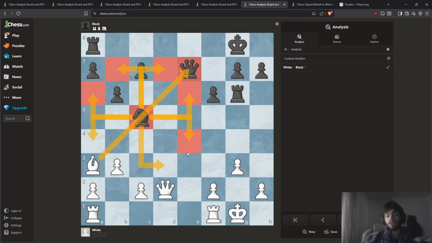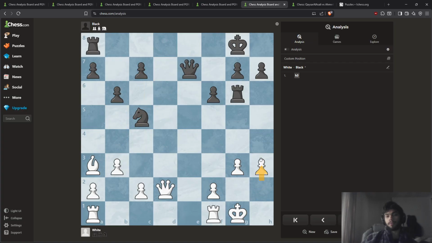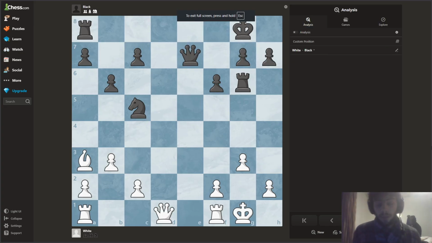Thus, your knight is pinned. So let's say I play h3 and black moves the knight, let's say to e6. Going backwards like this, I will simply take the queen and win the game, like so. And that's how a pin works.